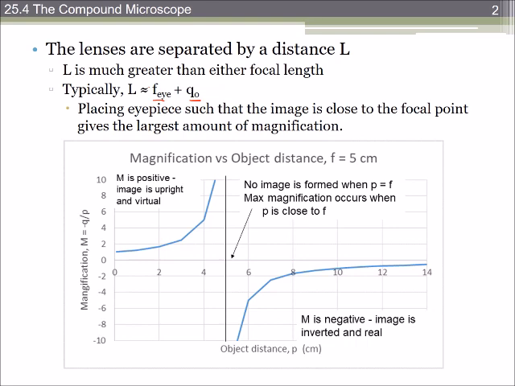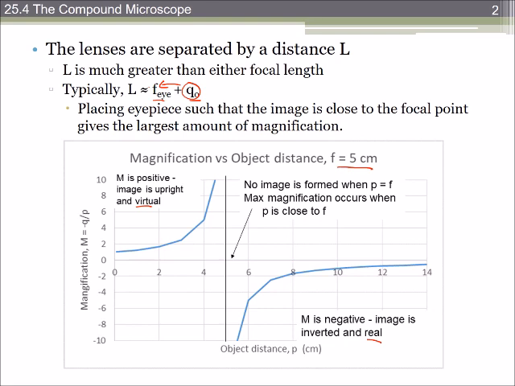And why do we want this image to be near the focal length of the eyepiece? Because that's where we're going to have the maximum magnification, even if it doesn't matter whether we have a virtual image or a real image. This is the math we did for a converging mirror at the time, but the lens has the same math, with a focal length of 5. So if we put an object or a real image at the focal point of a lens, we're not going to get an image.